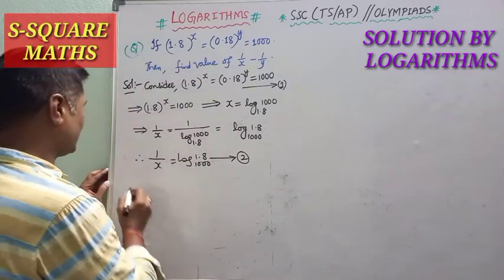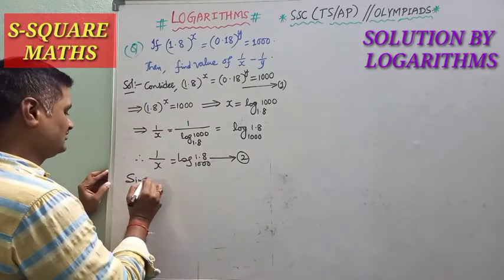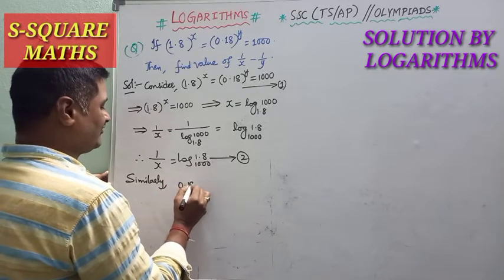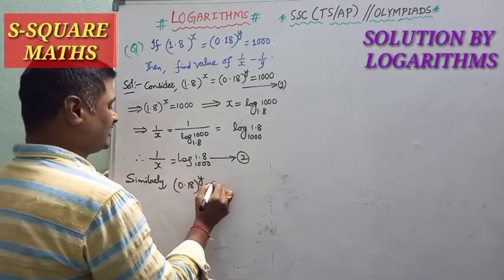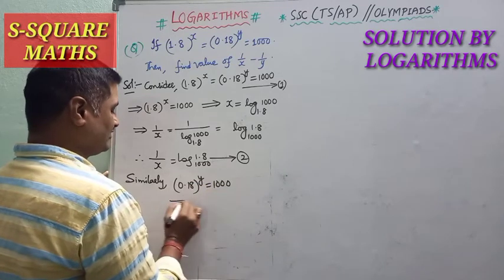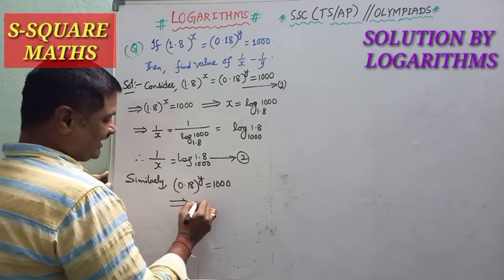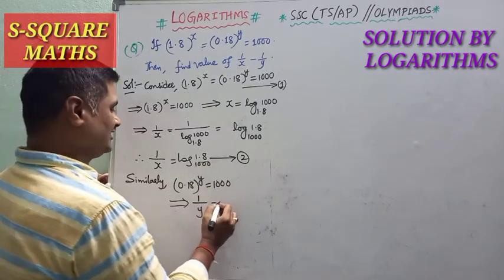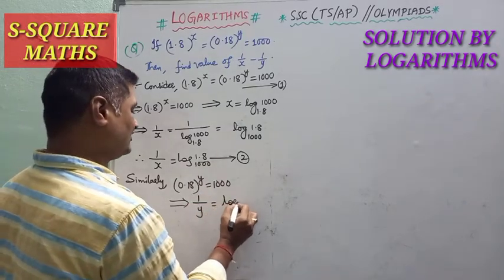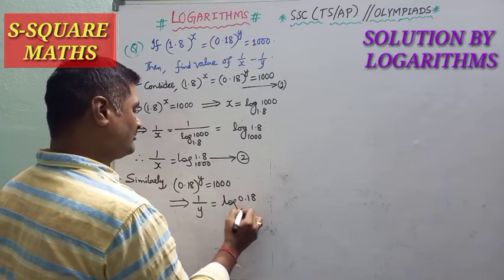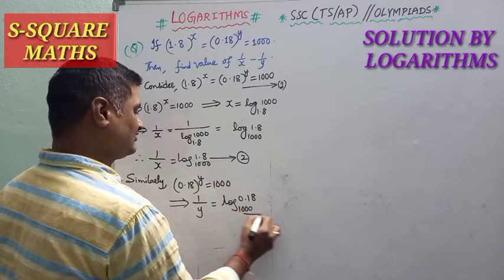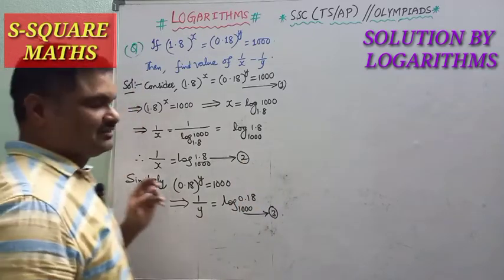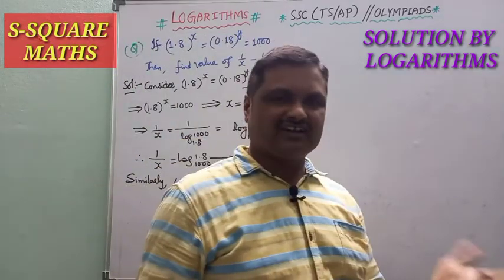Next, similarly, if I consider 0.18 whole power y is equal to 1000, this implies again 1 by y is equal to, similarly, log of 0.18 to the base 1000. Label as equation number 3. No need to proceed with each and every step. If you are interested, you can.